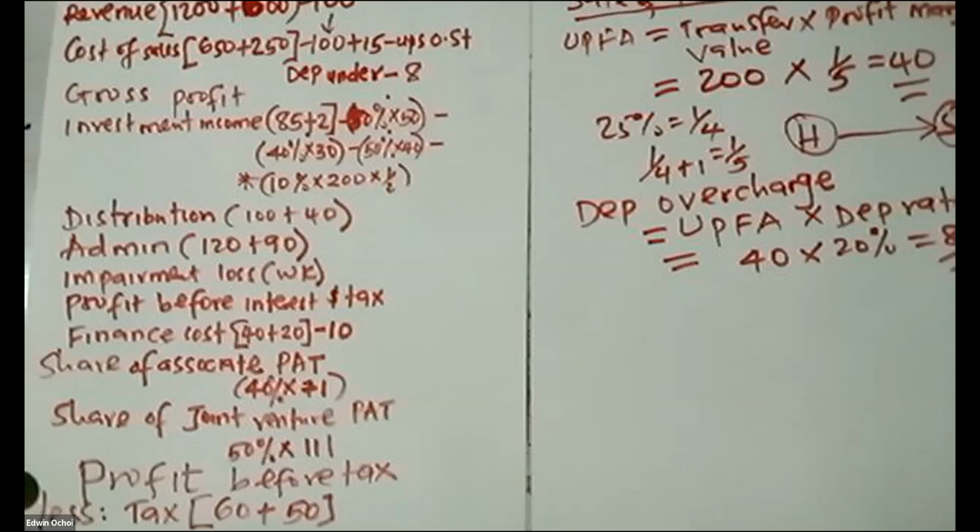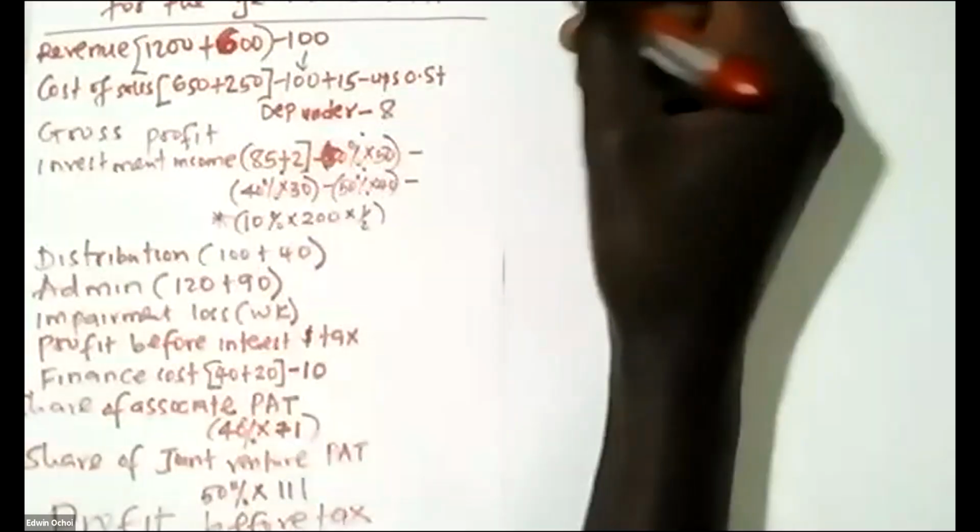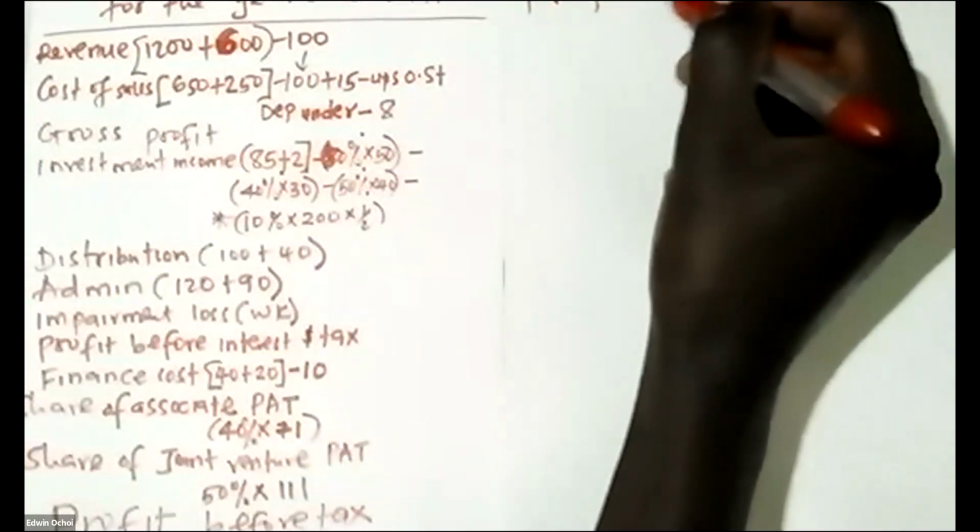So that now the parent will be sharing a certain profit to the NCI, not to the joint venture, but only to the NCI. So anyway, we get profit after tax.